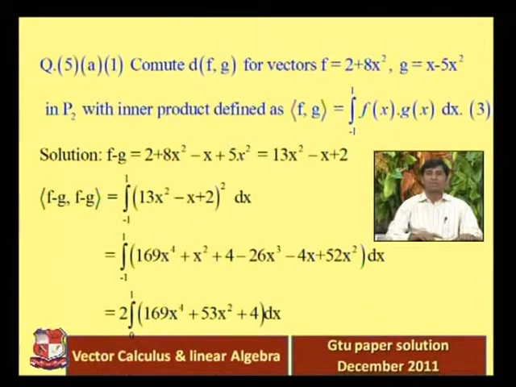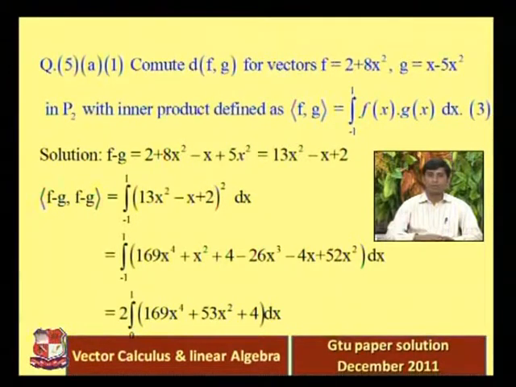Again x square is an even function. Now x square plus 52x square will become 53x square, and x square is an even function, so that's why 2 times the integral from 0 to 1 of 53x square. 4 is a constant, so a constant is also an even function, but minus 26x cube and minus 4x, these two are odd functions, so that will become 0.